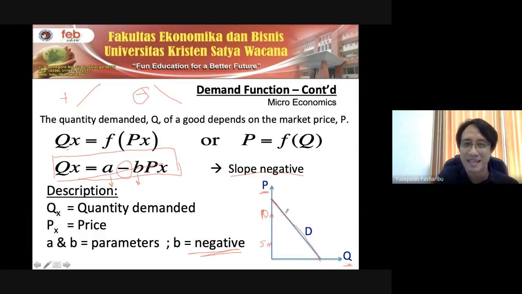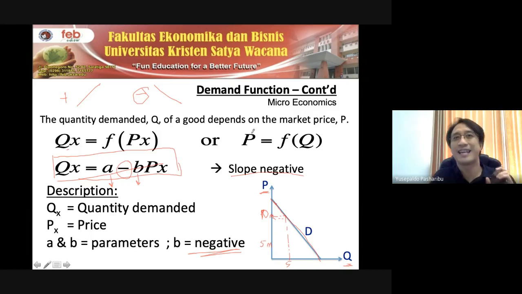Maybe the quantity demanded is only in this part, say 5% want to buy my iPhone for 10 million.